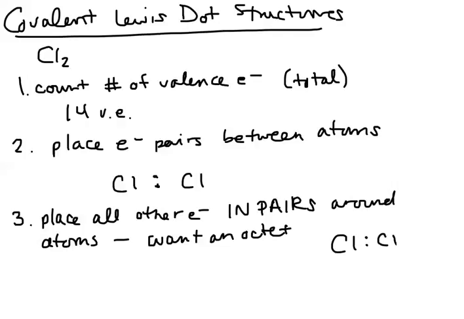And then I'm just going to start placing other electrons, and they want an octet. So I started with 2. So 4, 6, 8, 10, 12, 14. That's as many electrons as I can put in because that's all we have. That's all of our valence electrons.